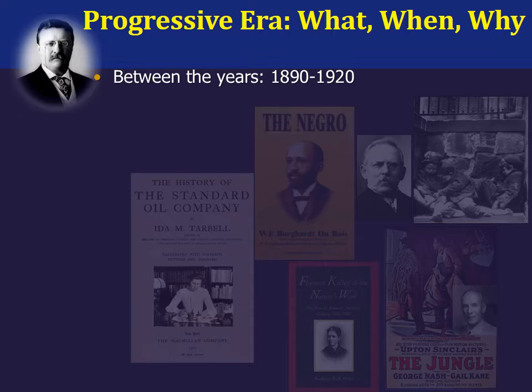The populist movement is starting to gain momentum and falls flat in 1892. And then by 1920, we've just gotten out of World War I. We're still discussing how to negotiate and if we should approve the Treaty of Versailles. So this is about a 30-year time period where a lot of stuff happens, and it happens very quickly.